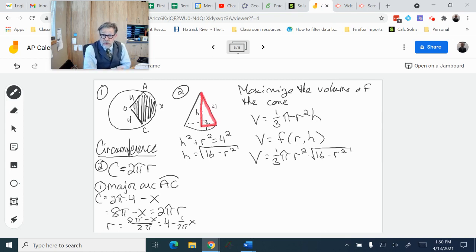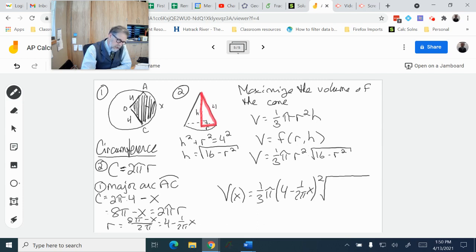We now have a choice. We could rewrite volume as a function of x, which is 1/3 pi times (4 minus 1 over 2 pi x) all squared times the square root of 16 minus (4 minus 1 over 2 pi x) squared.